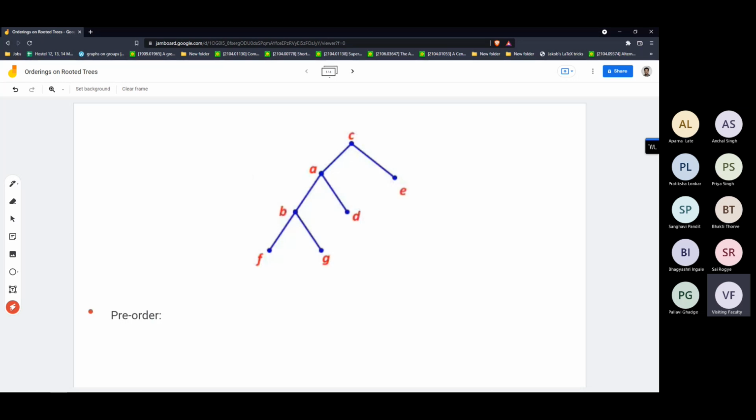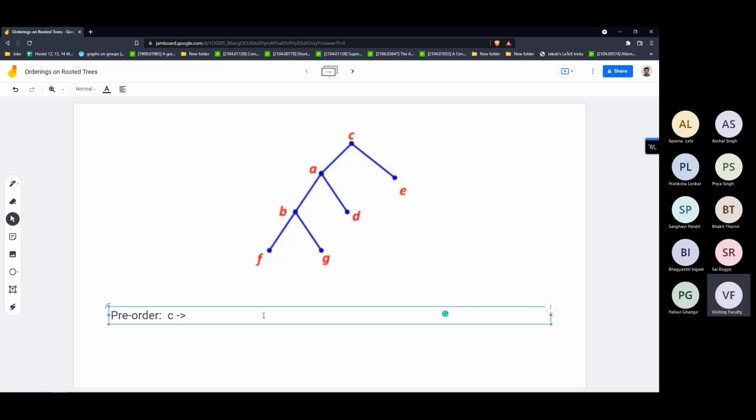Okay, so in the pre-order sense, what will this be? First, the root. We have C. Then I'll put this arrow to indicate the next element. After this, what is the left subtree?